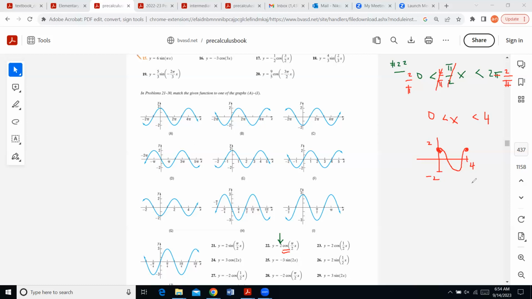So definitely not with those 2 pi's. I just need one that starts at a 2 and then ends at a 4 and hangs in between, and looks like this is the piece that I see in here. So we have the answer.